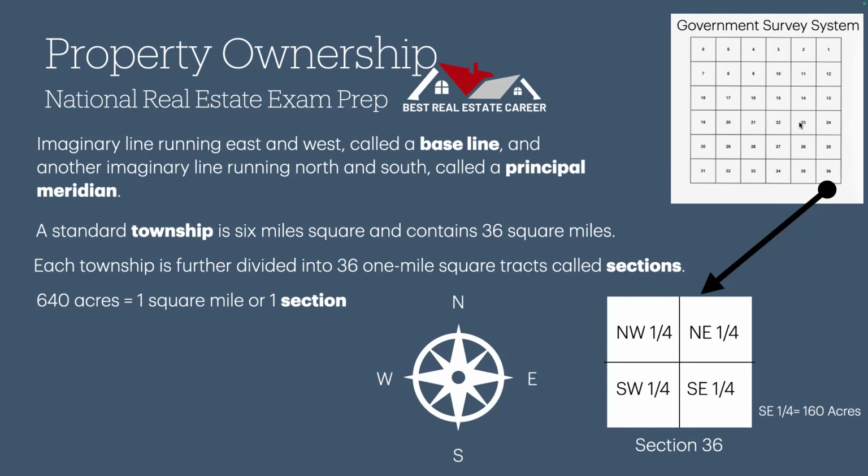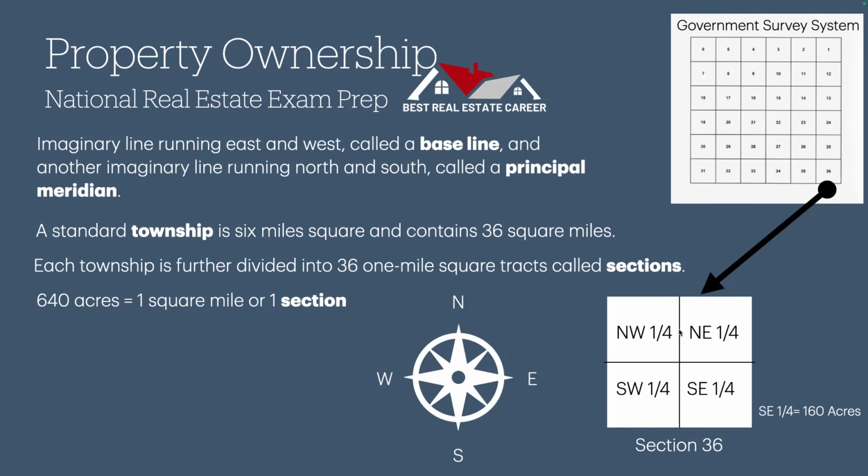Your township, again, 6 by 6 square miles. And each township is further divided into 36 1-mile tracts called sections. All right. So we're looking at sections here. So you can see that number 36 is a section.